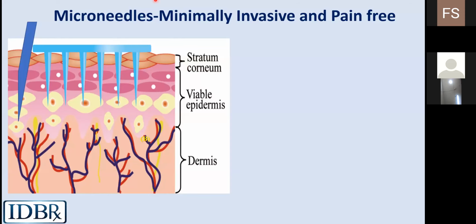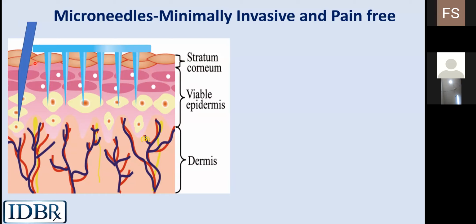So in case of dermal drug delivery, the approach was, if you use a hypodermic needle, the hypodermic needle would penetrate deep into the skin. It would pass the stratum corneum, it would cross the epidermis, and it would touch the dermis, right?